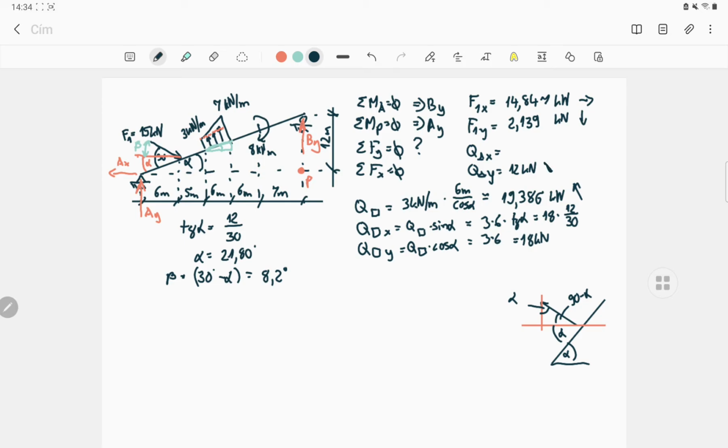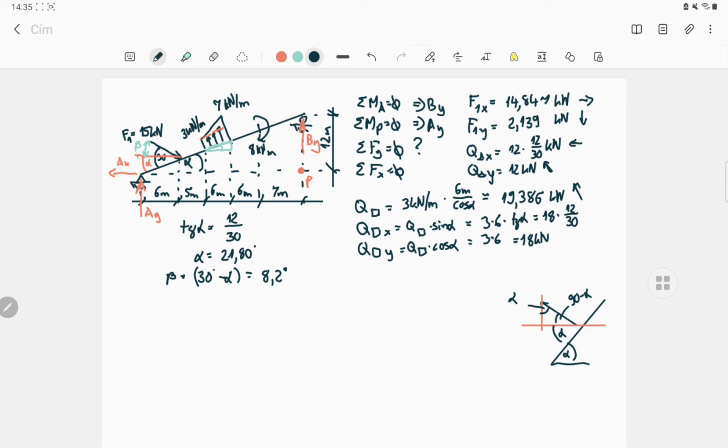And you don't have to calculate any area, you don't have to use sinus or cosinus, just 12. Again, why? Because the height, let me go back, so the height is 4 times 6, only the horizontal. 4 times 6 is 24, and over 2, because it's a triangle, so every time over 2. Don't forget that one. So 12. And the x component is 12 times the tangent. 12 over 30 kilonewton. That's all.